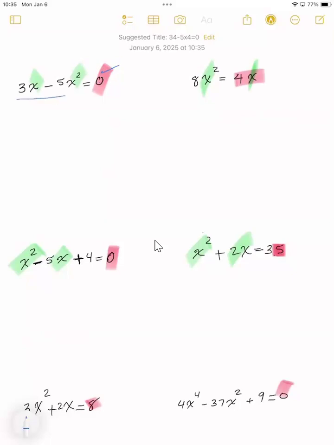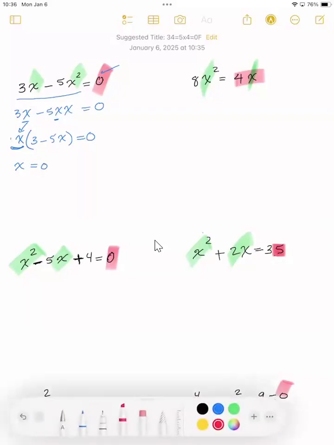Then I say, how do I factor this problem? Well, both terms have a common factor of x. I have 3x minus 5x squared, which is x and x. I look for the common factor, which is x. If I factor the x out, I get 3 minus 5x. Then I set each factor, which is x, equal to 0.